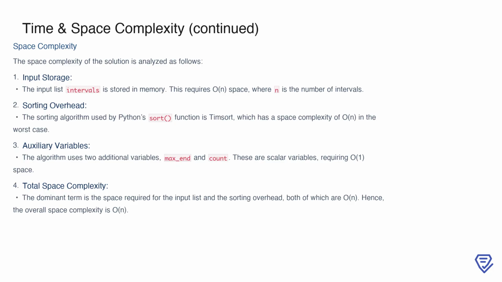Additionally, the algorithm uses two scalar variables, max_end and count, to track the maximum endpoint and the count of non-covered intervals. Since these variables are independent of the input size, they only require 1 space. Combining these factors, the overall space complexity is dominated by the input storage and sorting overhead, both of which are n. Therefore, the final space complexity of the solution is n.